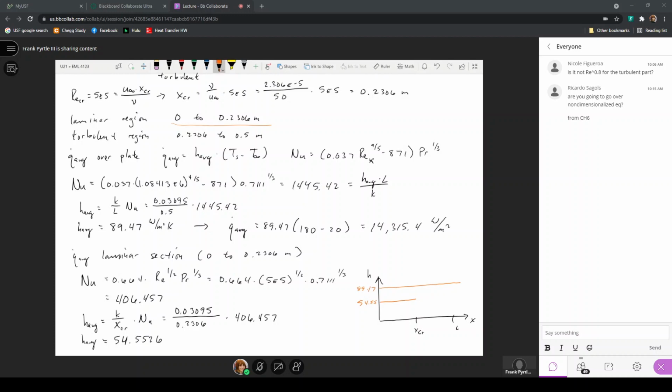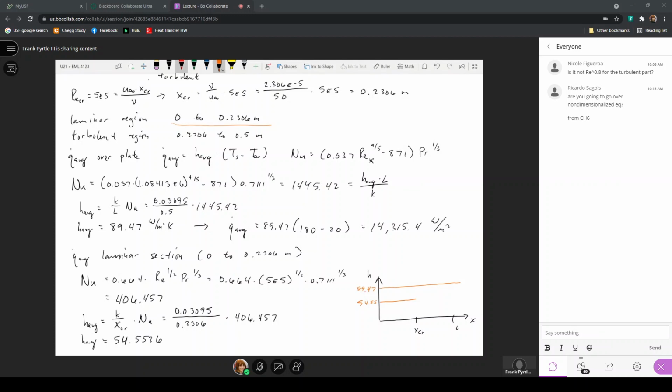How do I get an average value for the heat transfer coefficient that is higher over the entire plate compared to over the laminar region? It just means that when there's a transition from the laminar flow condition to the turbulent flow condition, I get a much higher average heat transfer coefficient for the turbulent region.